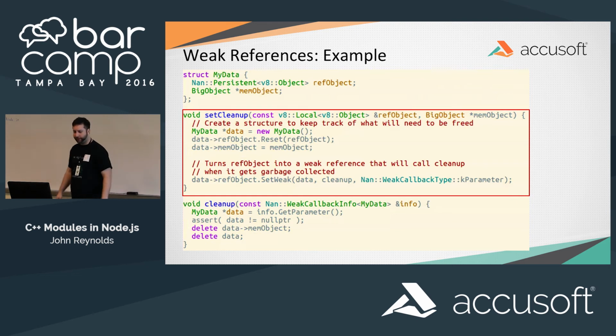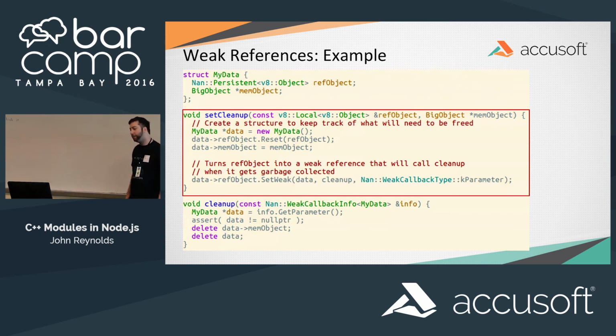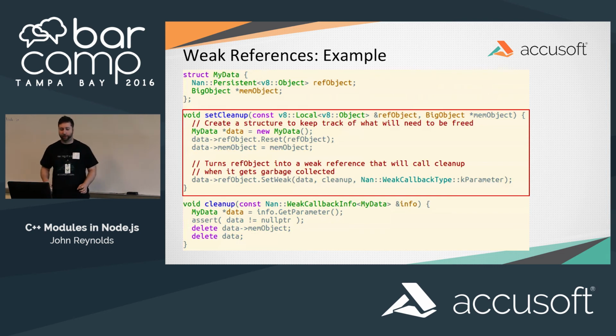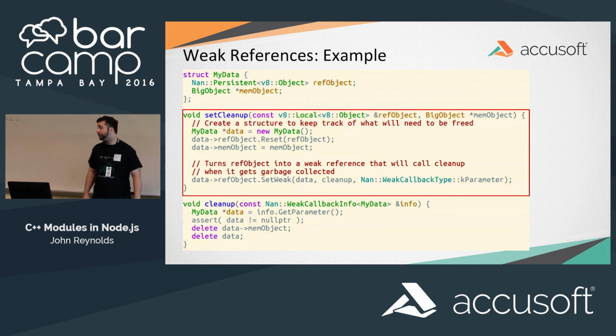So to do this, there's a little bit of hand waving going on in here, but we have to set a weak reference to that JavaScript object. And in doing so, in that call to set weak, we provide an argument which is a function that's going to be our cleanup function. This is a callback that is called into C++ land when that JavaScript object has been garbage collected.